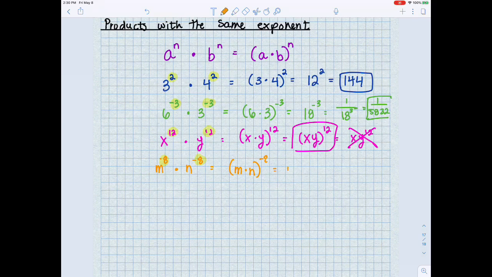So we can rewrite this as mn to the negative 8th power, but we do not like negative exponents in our answers, so following the negative exponents rule, I can just write the reciprocal of that, and then keep that in parentheses and raise it to the 8th power. And there we go. And there you have your second property.